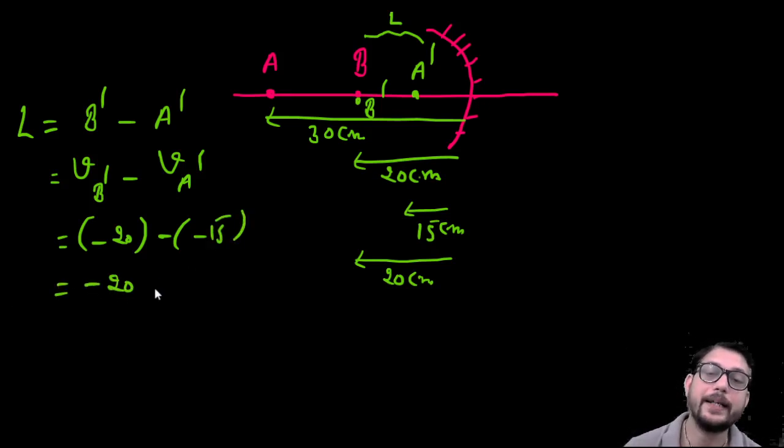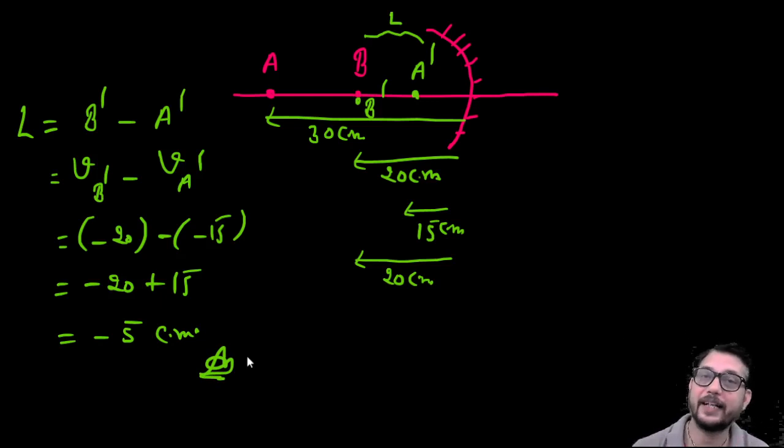So minus 20 plus 15, it will be minus 5 centimeter. I hope and believe that now the question is clear to all of you.